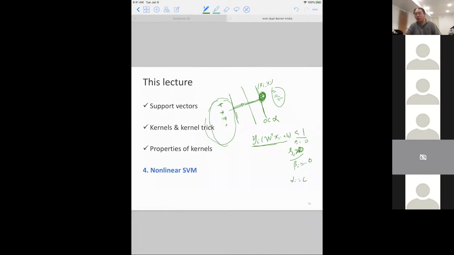That means beta_i must be 0, so alpha_i must be C. So alpha_i is strictly bigger than 0, and the misclassified example must be a support vector. If it's still a little unclear, we can discuss in more detail in office hours later. Does it make sense? Yes, that's okay.